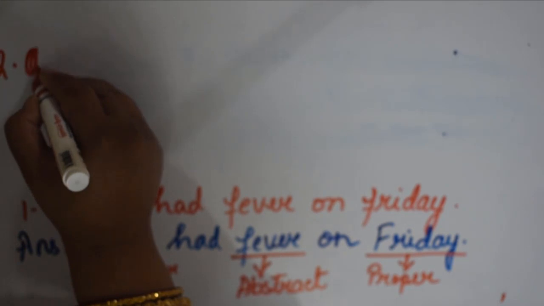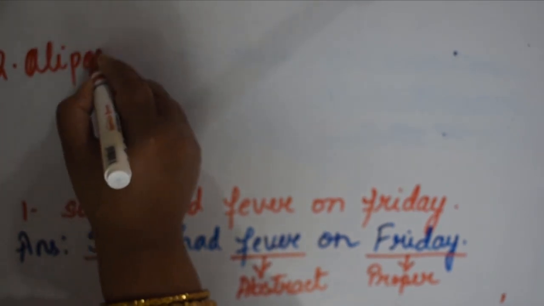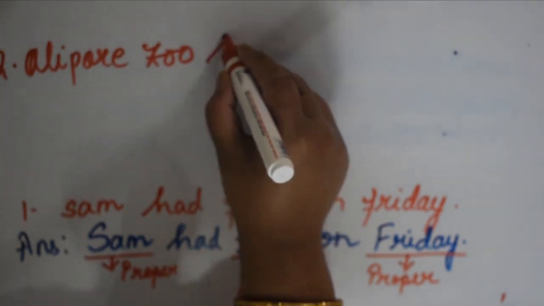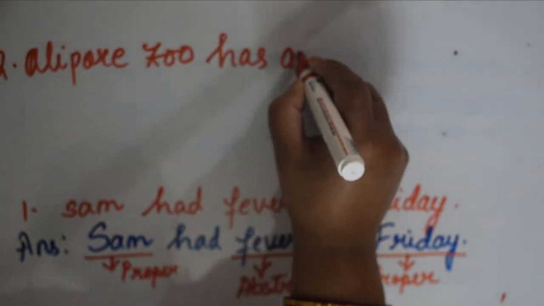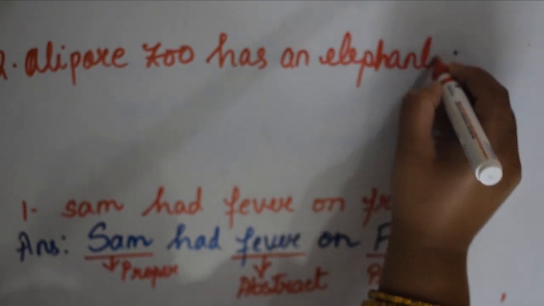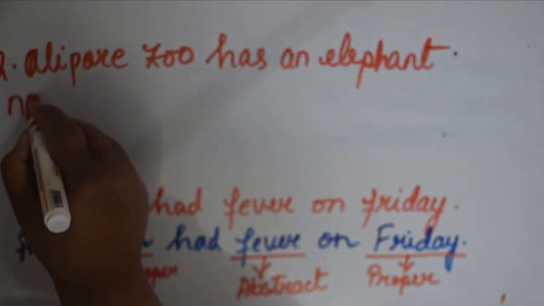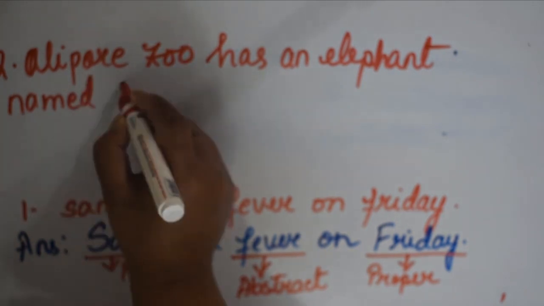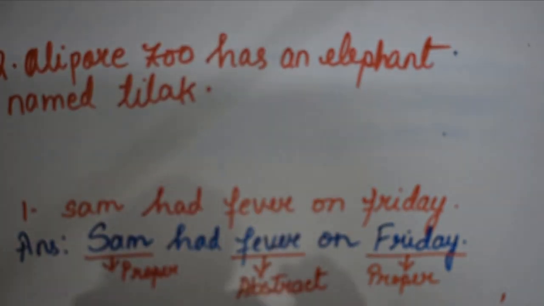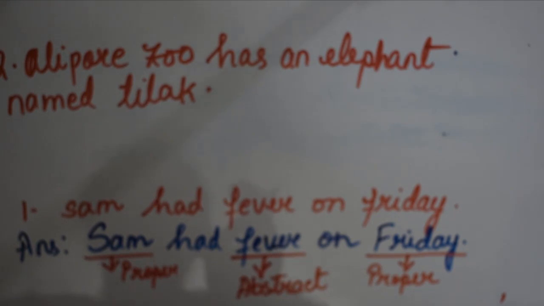The next sentence was, Alipur Zoo has an elephant named Tilak. See over here, many may make this mistake.